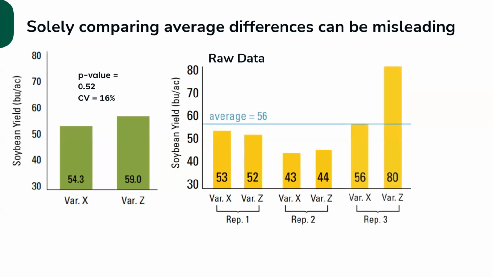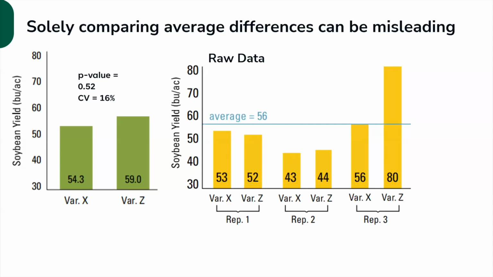If we go to repetition 3, here we see that there is a huge difference. And this should raise some questions for yourself, to try to see why this is happening. Is it actually the variety that is different, or was it something else going on there?